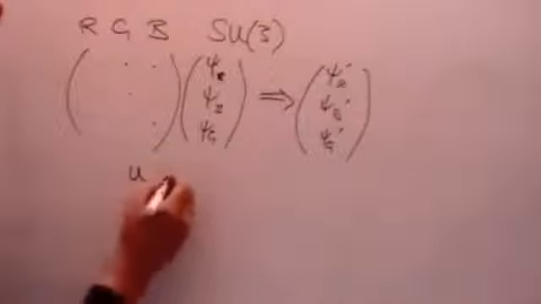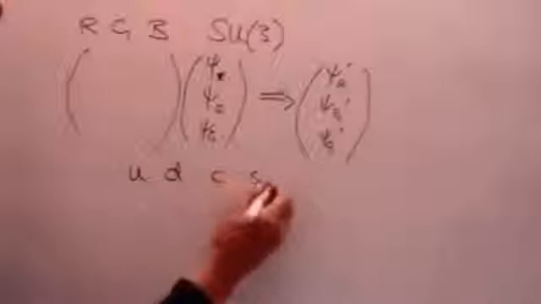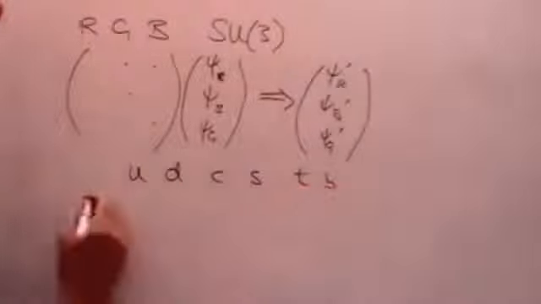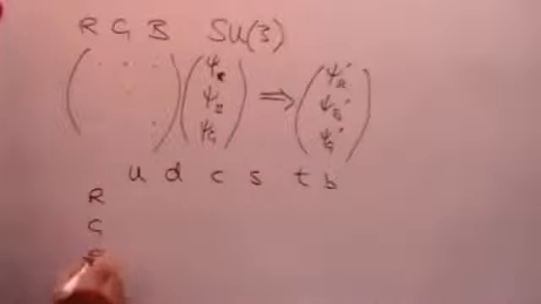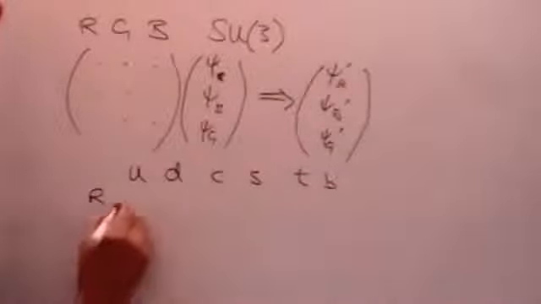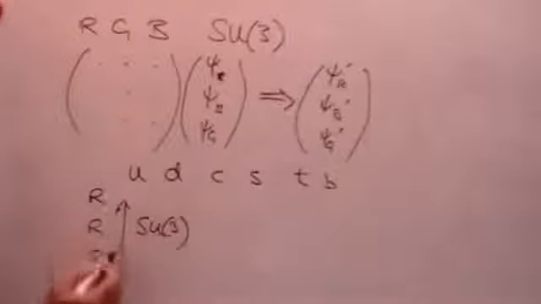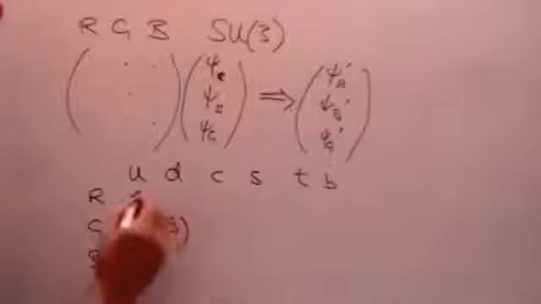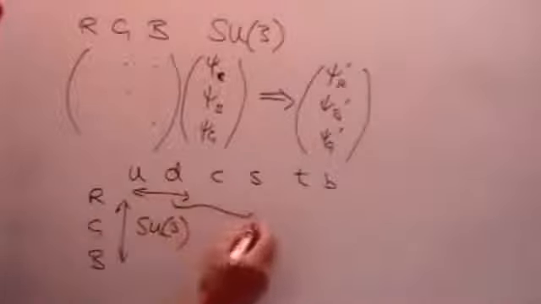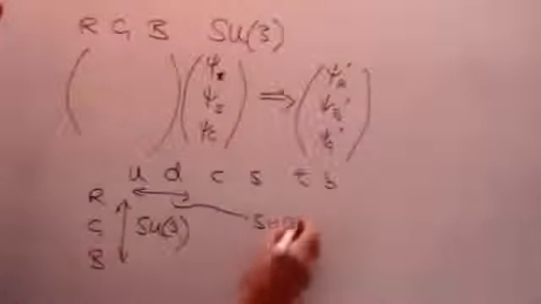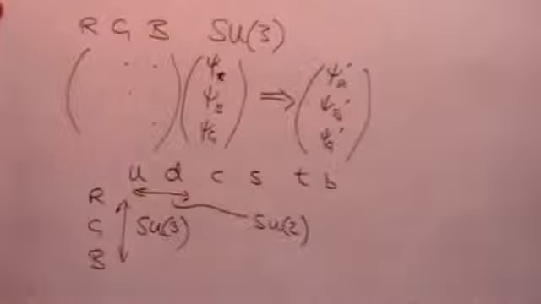So, redraw this diagram again: up, down, charm, strange, top, bottom, red, green and blue. It's the SU3 that is responsible for the strong nuclear force, which changes the colour, and it's the SU2 which is responsible for the weak nuclear force, which essentially changes ups to downs, protons to neutrons.